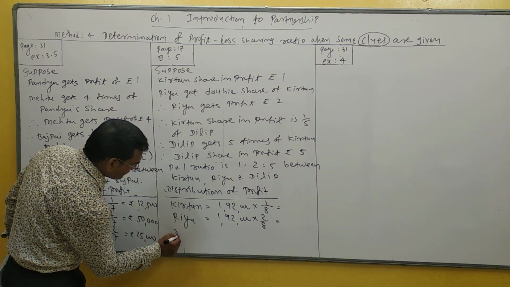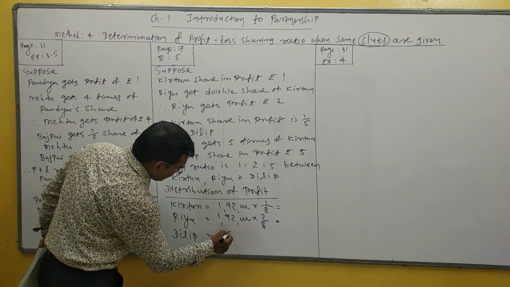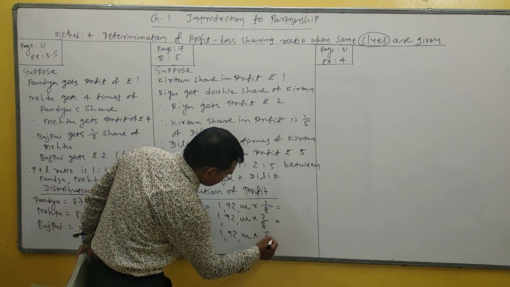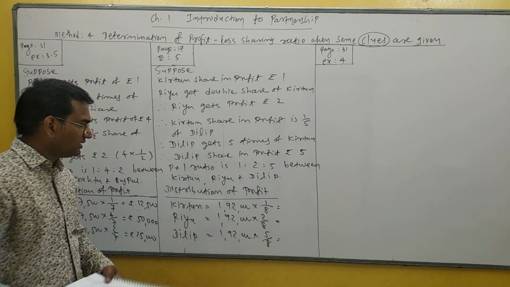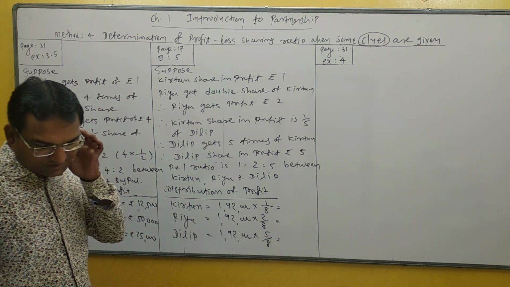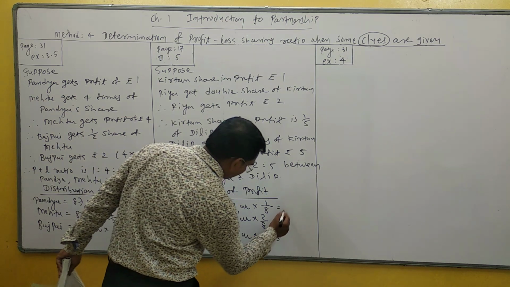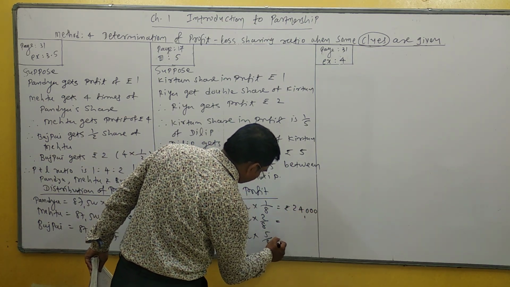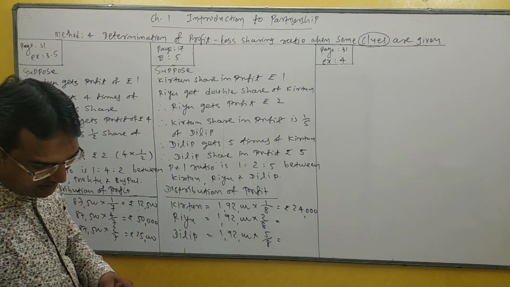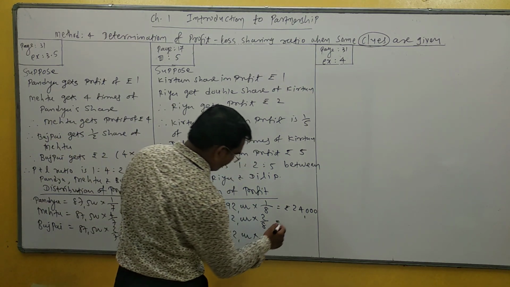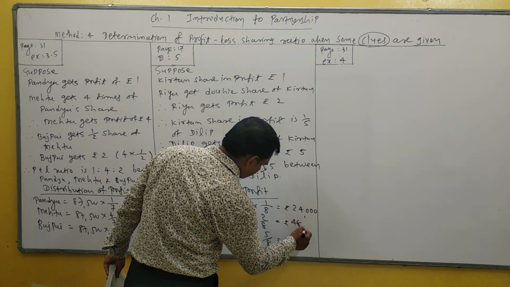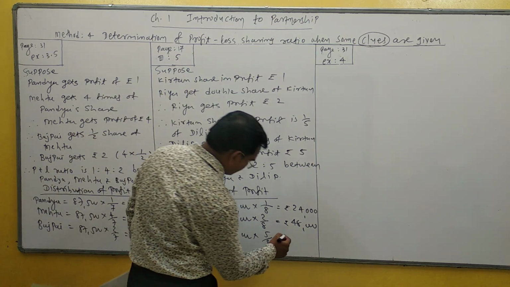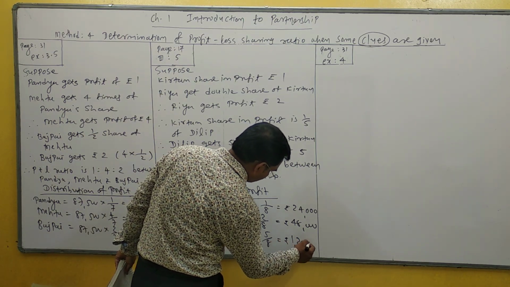And third partner Dilip: 1,92,000 into 5 by 8, right? So by making simplification, first partner Kirtan gets 24,000 profit, second partner Riya gets 48,000 profit, and third partner Dilip gets 5 by 8, which means 1,20,000.